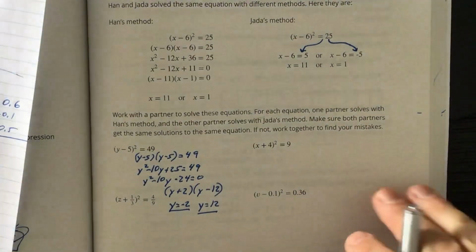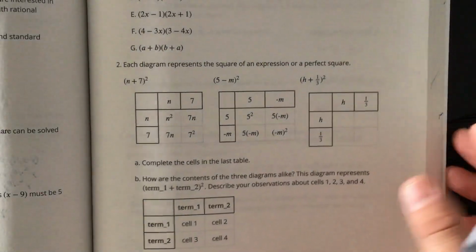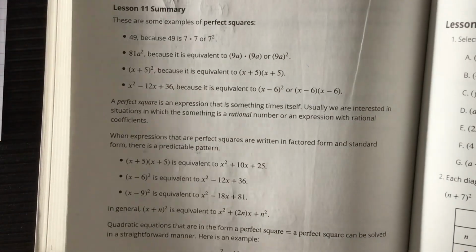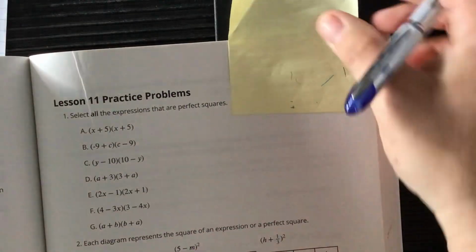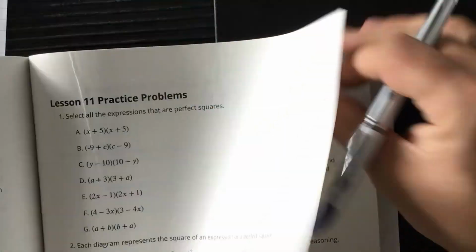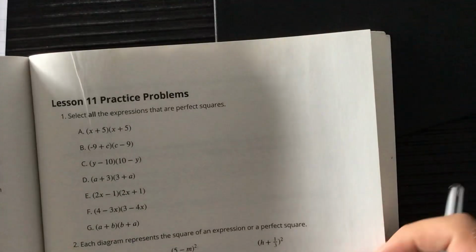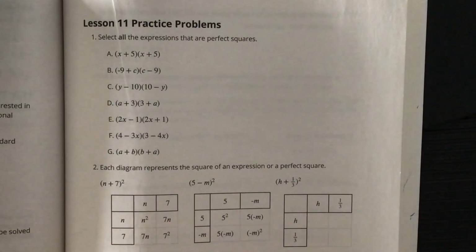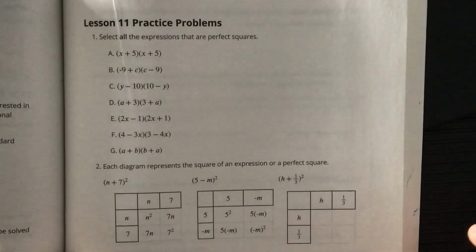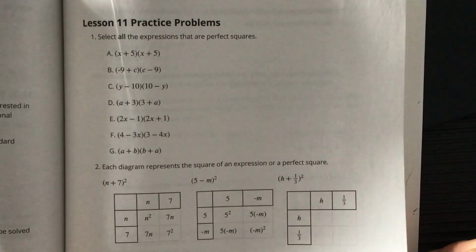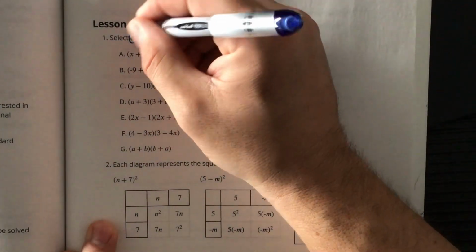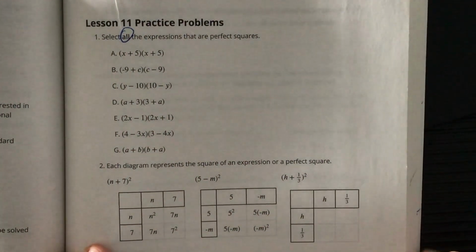Okay, let's take a peek at the homework. Page 236 again shows you some perfect squares, definition of that. Let's take a look at the homework, starting on page 237. Caleb, you were asking a question on the lesson. First one, select all that are perfect squares.